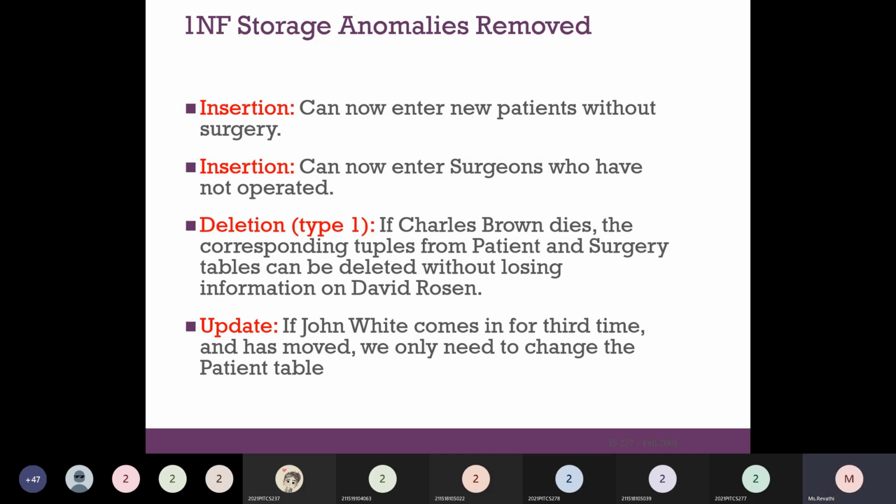Considering our second normal form, if Charles Brown dies, the corresponding tuples from the patient and surgery tables can be deleted without losing the information on David Rosen, that is, we can retain the surgeon details. So without losing surgeon information, we can delete a particular patient record.